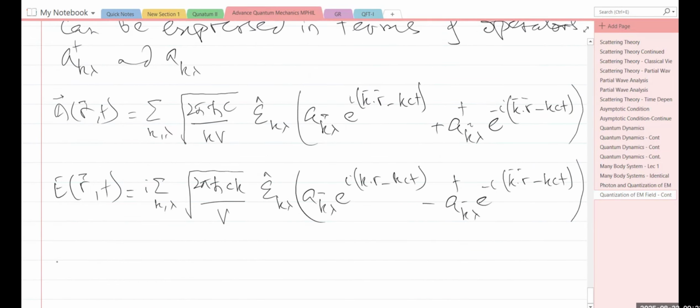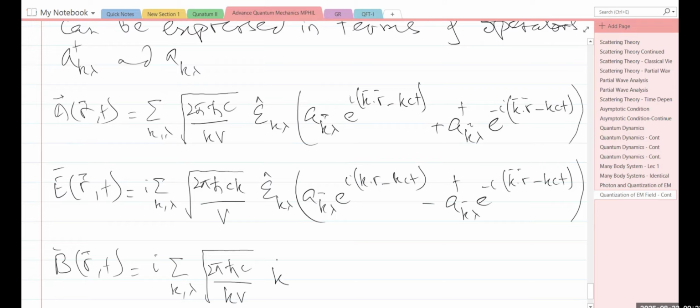And then finally B of r comma t, these are all vectors, equals i times the summation over k comma lambda, again with scale factor 2 pi h bar c over k V, times k vector crossed with the polarization vector, times a_k lambda e to the power i (k dot r minus k c t).